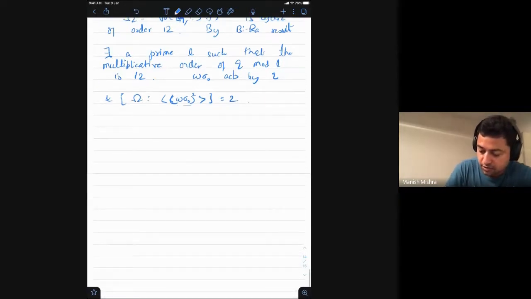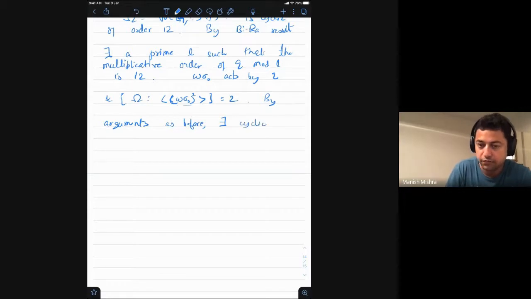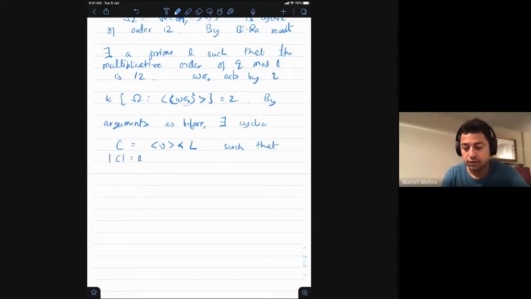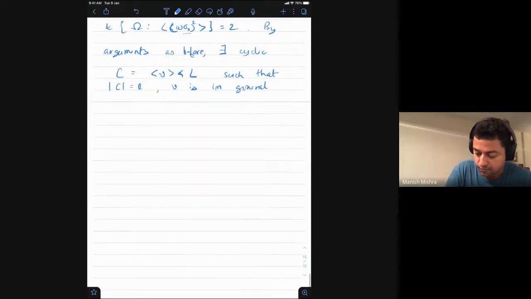So by arguments as before, there exists a cyclic subgroup C of L such that C has cardinality L, and V is in general position with respect to omega sigma naught square.